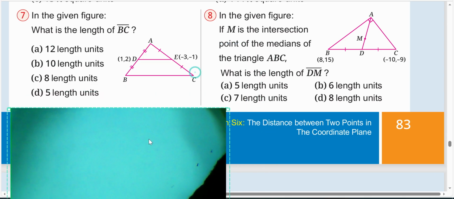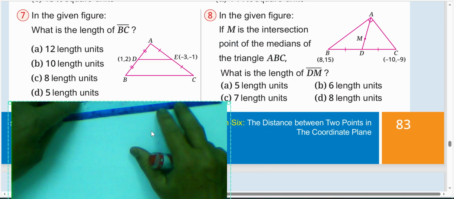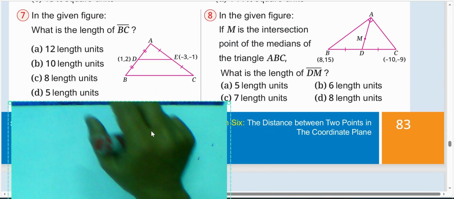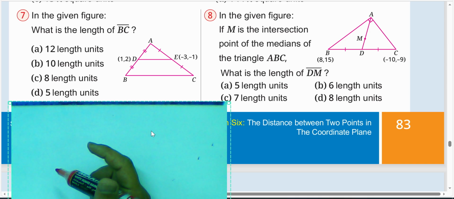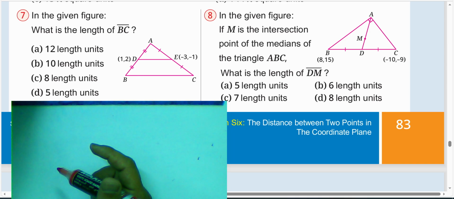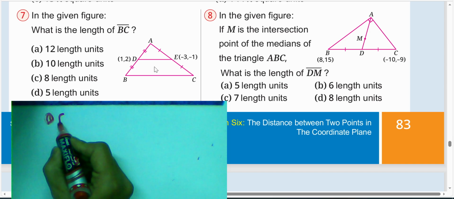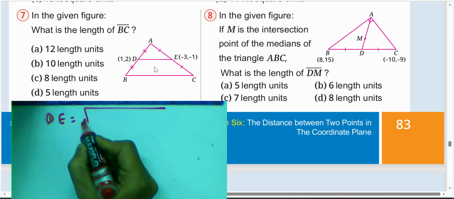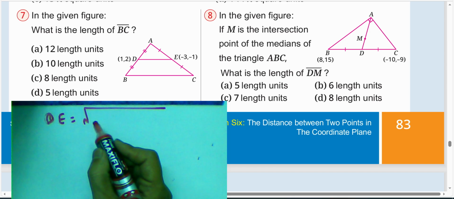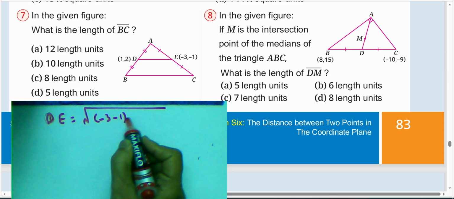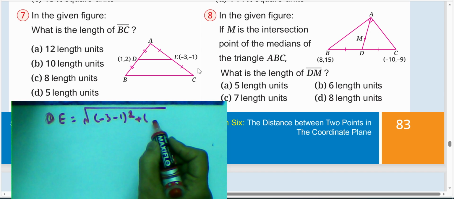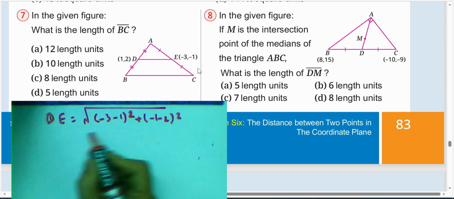Next question. What is the length of BC? Look at here, BC is twice DE, because DE is the mid segment. First we can find the length of DE. We have negative 3 minus 1 all power 2 plus negative 1 minus 2 all power 2.